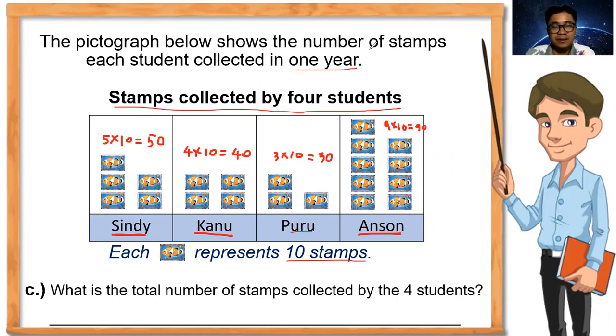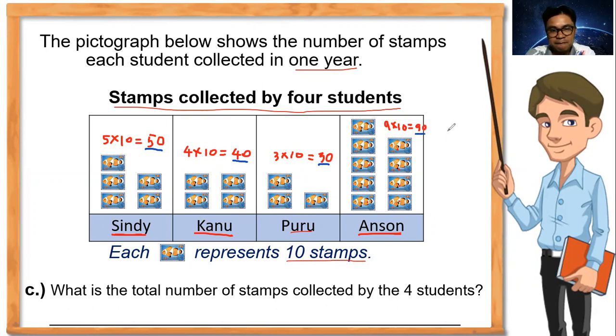Let's add all the stamps collected by the 4 students. Sandy collected 50 stamps, Kano 40 stamps, Puro 30 stamps, Anson 90 stamps.